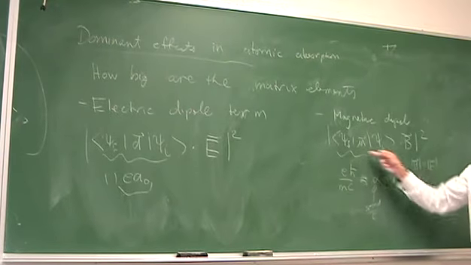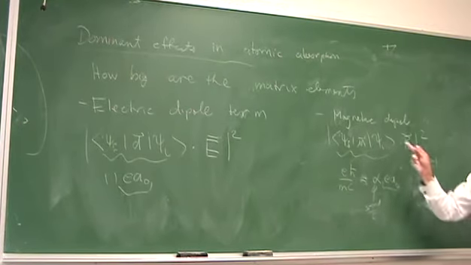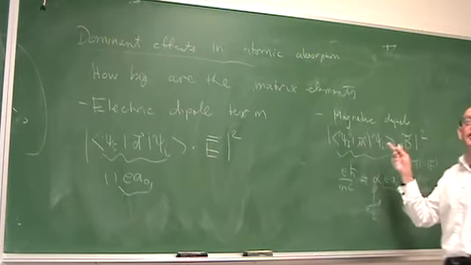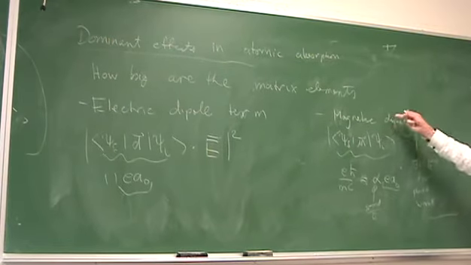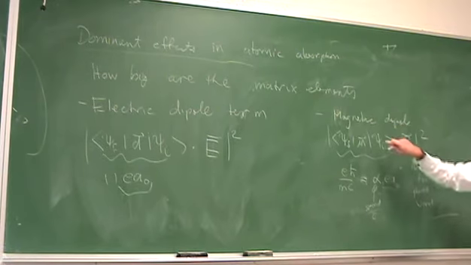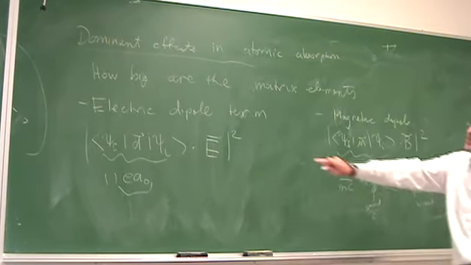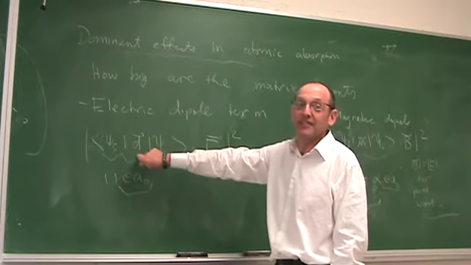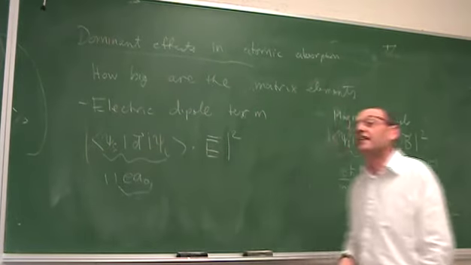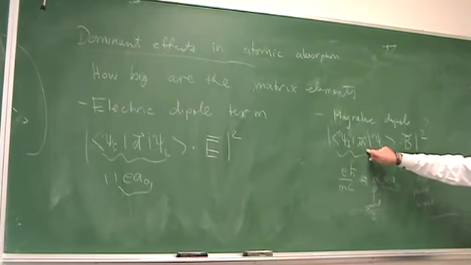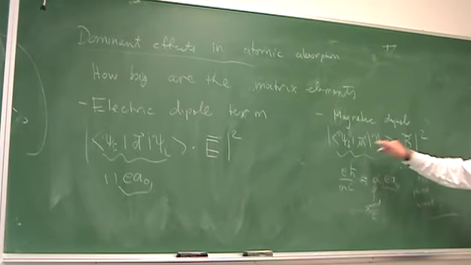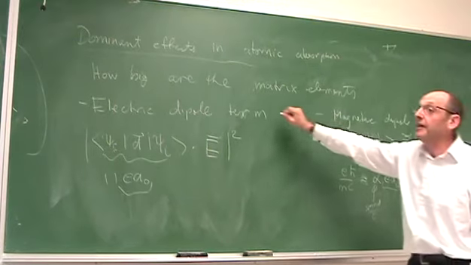This is a much smaller interaction strength. It's 137 times smaller, squared, than this. So unless this dipole matrix element vanishes for some reason, the magnetic dipole interaction is a negligible contribution compared to the electric dipole. So this is the dominant effect.